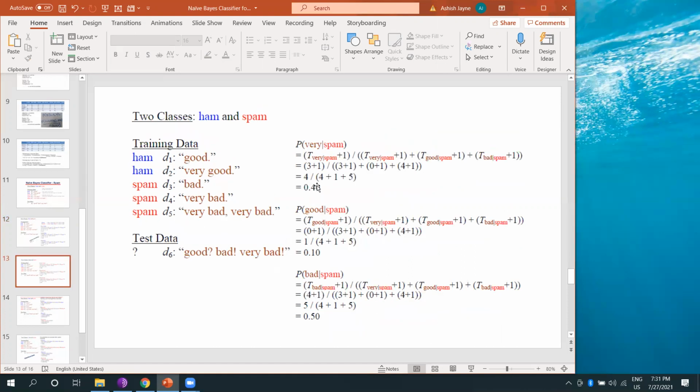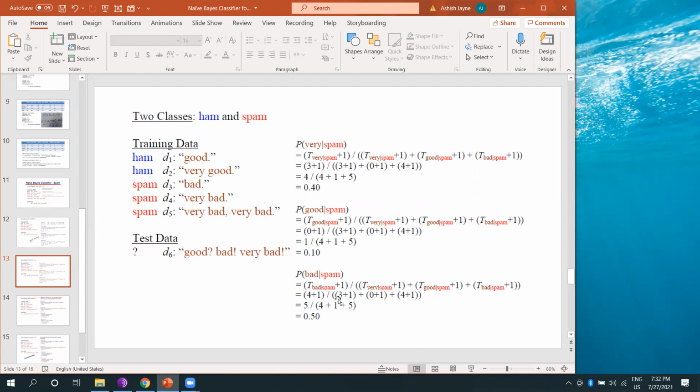Now we would come to spam mails. Spam mails are no different; you only have to repeat the process which we did for ham. I'll explain it for bad. For P(bad | spam), the number of times bad appears in spam mails is 1, 2, 3, 4. But for Laplace smoothing we add 4 plus 1, and then the number of times the other terms appear.